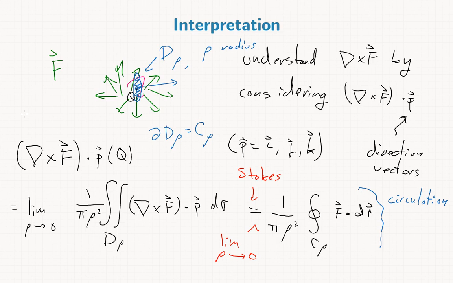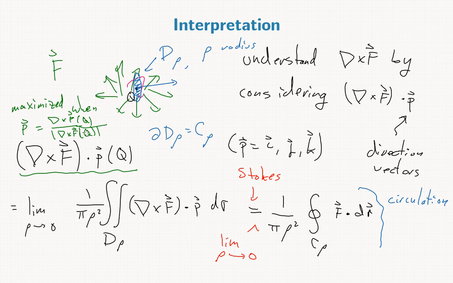In fact, if we just look at the left-hand side of this equation, we know that this dot product will be maximal when this direction vector is in the same direction as nabla cross F. So this is maximized when our direction vector is equal to the direction of the curl of F. This is at the point Q. So we could measure this circulation around a circle in any direction, but the circulation is maximized when we take the direction to be the direction of the curl.